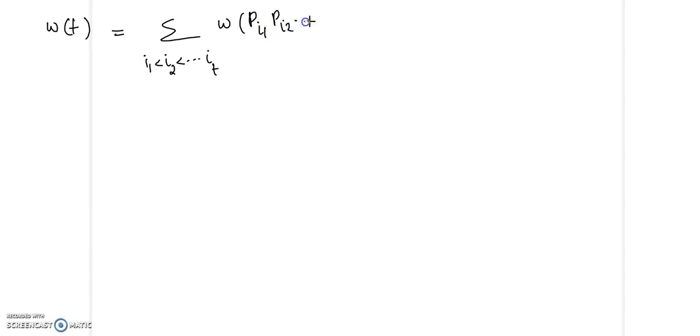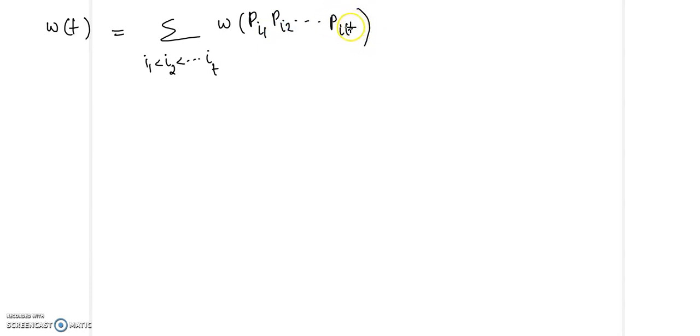So by definition omega of t will be the summation over i1 less than i2 less than etc. less than it of omega of Pi1 Pi2 etc. Pit.